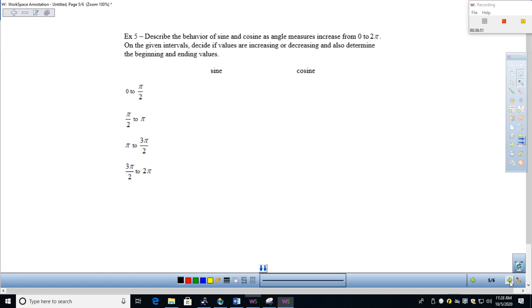So let me read this more specifically. It says, describe the behavior of sine and cosine as angle measures increase from 0 to 2 pi. So kind of our primary rotation around. On the given intervals, decide if values are increasing or decreasing, and also determine the beginning and ending values.